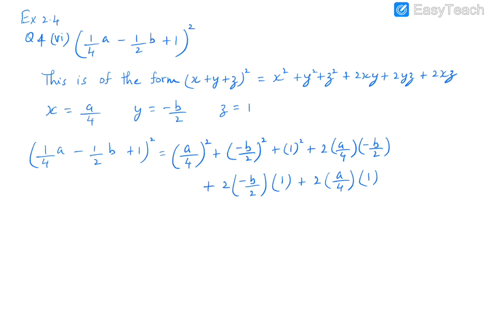Okay, so when we simplify this, we are going to get a by 4 the whole square is a square by 16, plus minus b by 2 the whole square will be b square by 4, so it's going to be b square divided by 4, plus 1 square is 1.